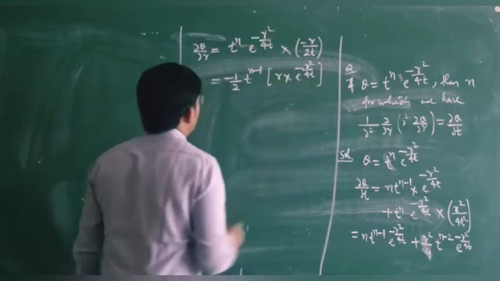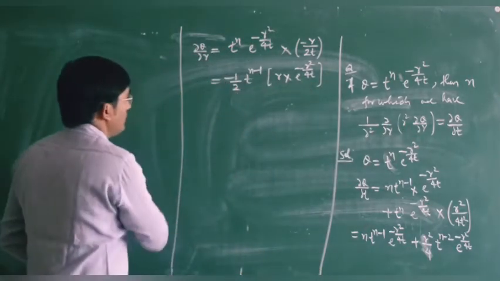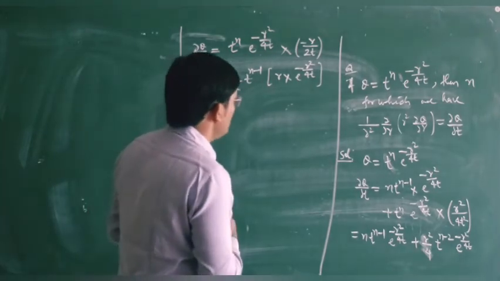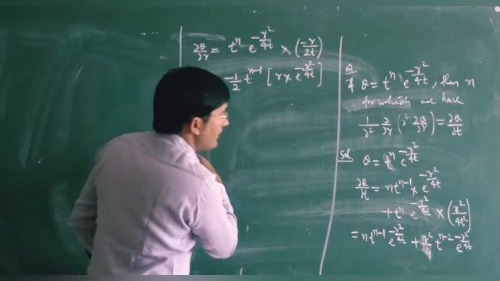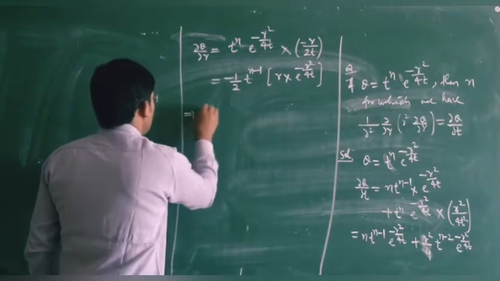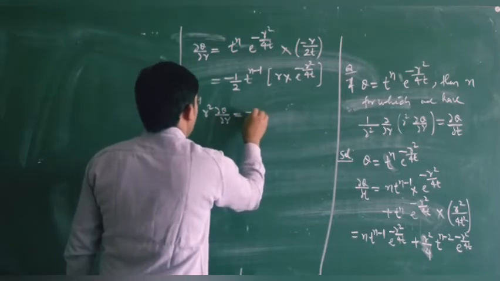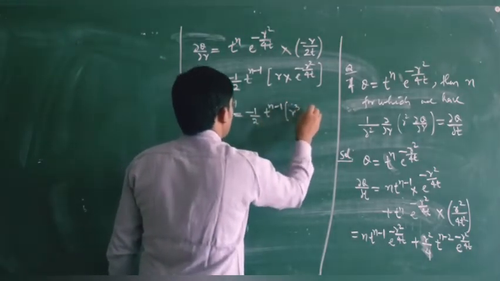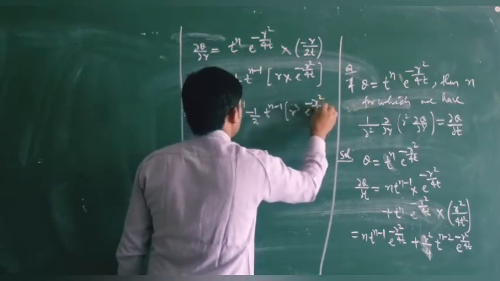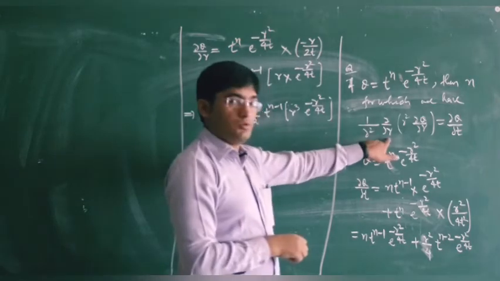Now then we have to find out the value of r² ∂θ/∂r. Let us multiply this whole term by r². Now if we multiply this by r², then we have r² ∂θ/∂r equal to -1 upon 2 t^(n-1), then this will be your r³, this one. Now again let us differentiate this one with respect to r.